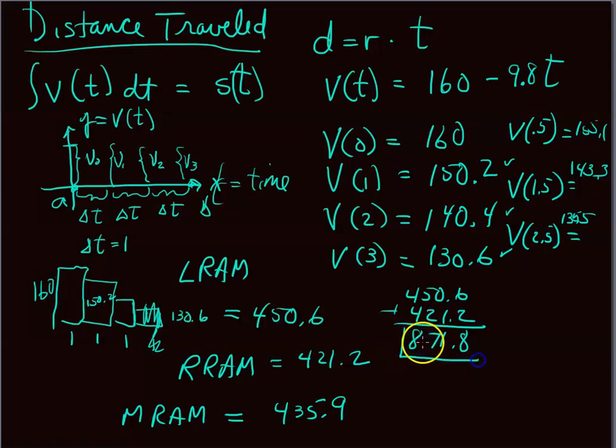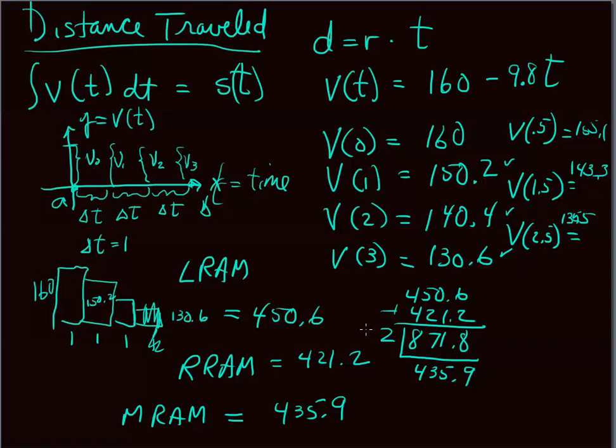If you divide that by 2, you get 435.9. So if you can find the LRAM and RRAM, then you should be able to find the MRAM, which is the best approximation really for any of these. There are situations where using LRAM and RRAM can be exactly right if the curve is not really a curve.